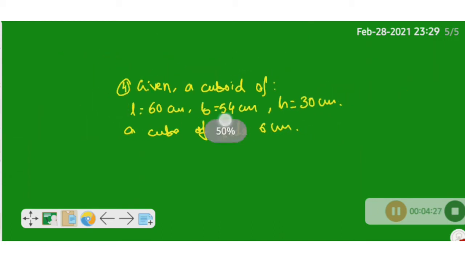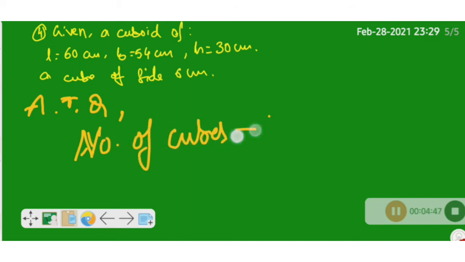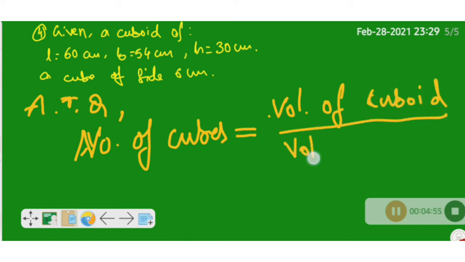So now according to the question, we have to find the number of cubes that can be placed in the cuboid. So for that, number of cubes is equal to, directly we'll do volume of cuboid by volume of cube. That will give you the number of cubes.